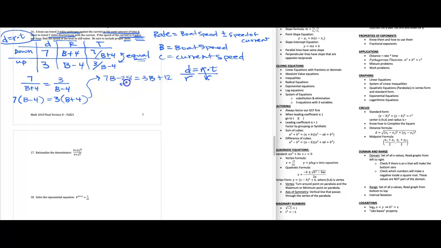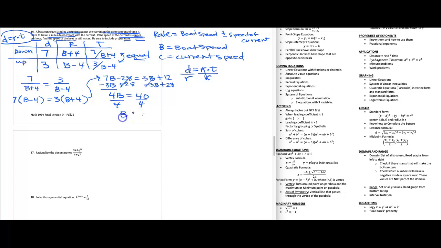And let's get our numbers on one side and our variable b on the other side. All right, so I'm left here with 4b equals 40. And then I just need to divide by 4.